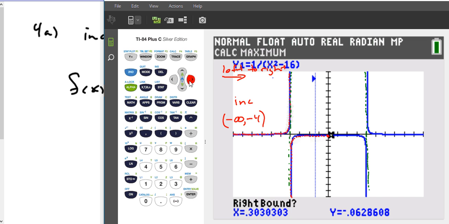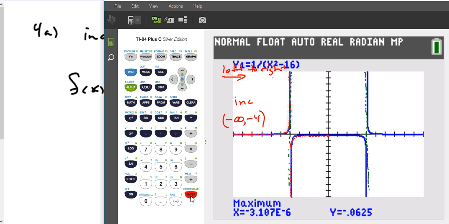It's slowly but surely taking more time than I want. Hopefully you do this at home with your calculators. Then you press enter again, and we find out where this maximum is. You can see that the x value is a very small negative number.